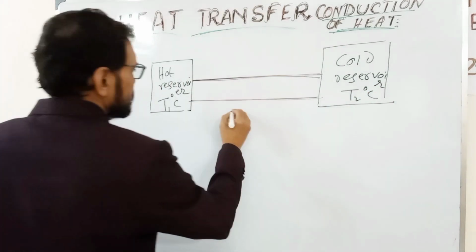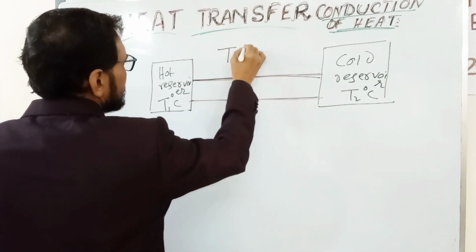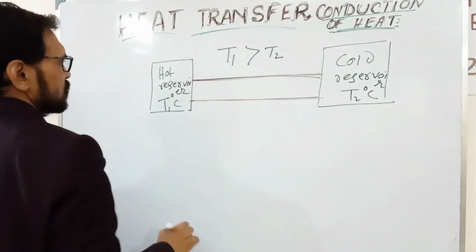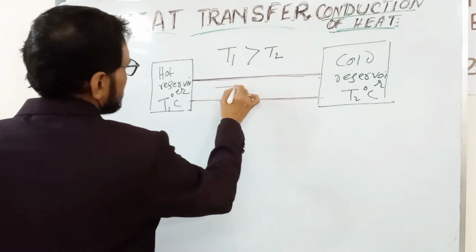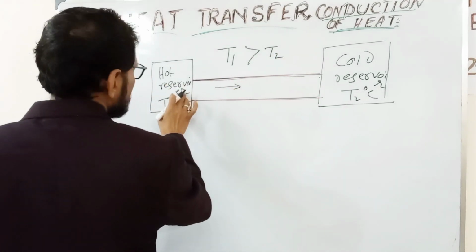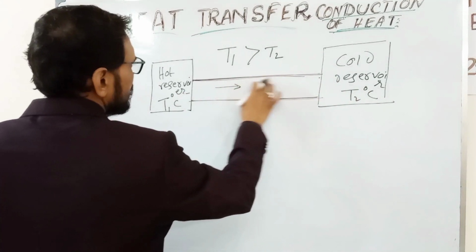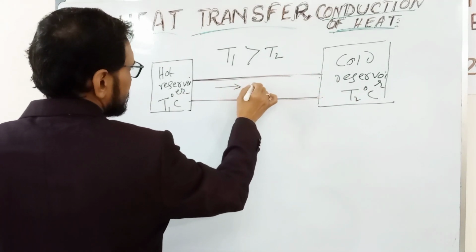Now T1 is greater than T2. So we know that heat is transferred from this reservoir to this reservoir through the rod, that is, heat is conducted.